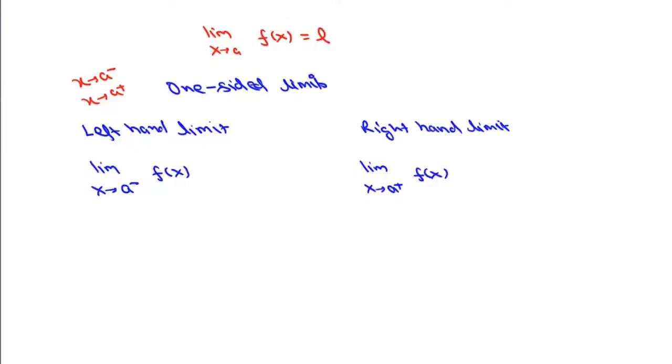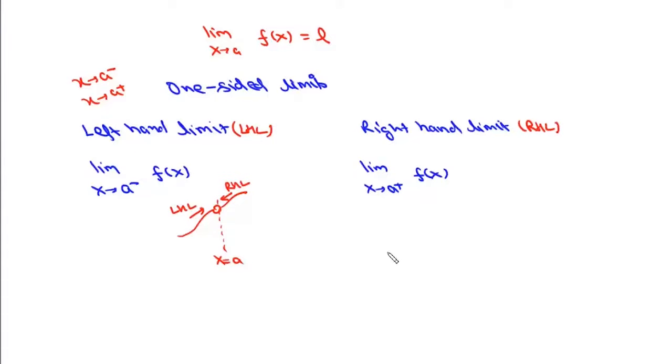So in the first case, we are approaching this function towards a from the left-hand side, and this is your left-hand limit, and in short we call it LHL. And if we approach this function towards a from the right-hand side, we call it right-hand limit, or simply RHL. So these are called one-sided limits.